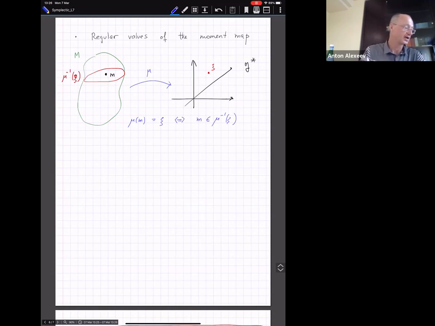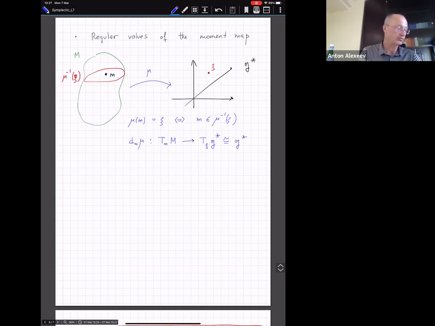Right. Now, at this point, we can take the differential of the moment map, and it maps the tangent space to the manifold to the tangent space to G star. But G star is a vector space, so its tangent space at any point is simply isomorphic to that space itself, right?